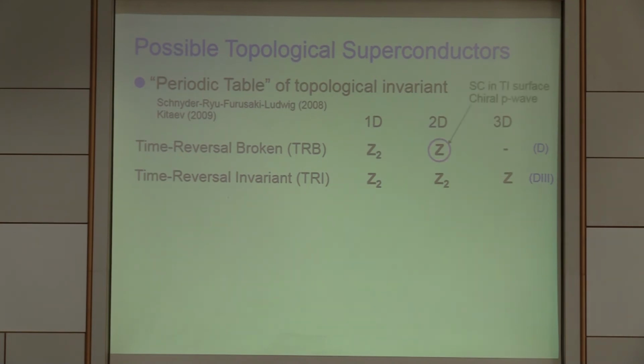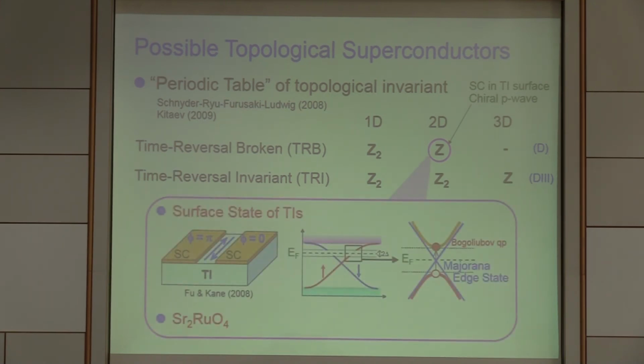For example, the proximity-induced superconductivity in the TI surface state to produce the Majorana zero mode, or the chiral p-wave, belong to this time reversal breaking 2D case. And people are pursuing the possible Majorana fermions using this platform.